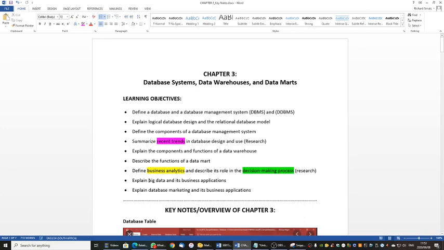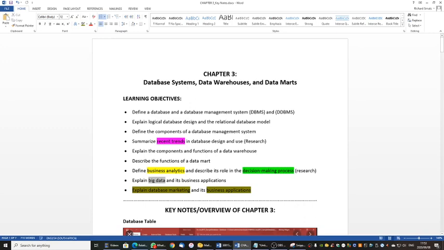We will take a look at something called big data, which is what we are using today in so many areas, and particularly where the book is going to and where we are going to with this course. We will take a look at database marketing and its business applications, which is fairly critical.